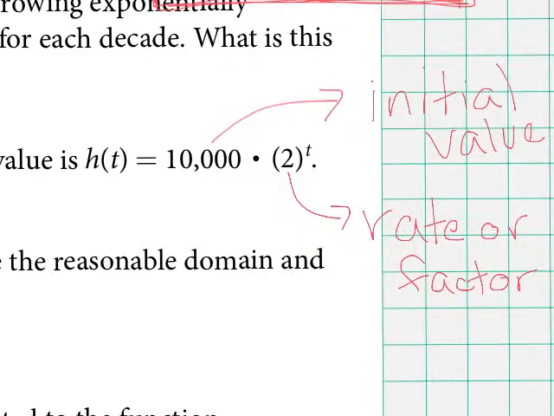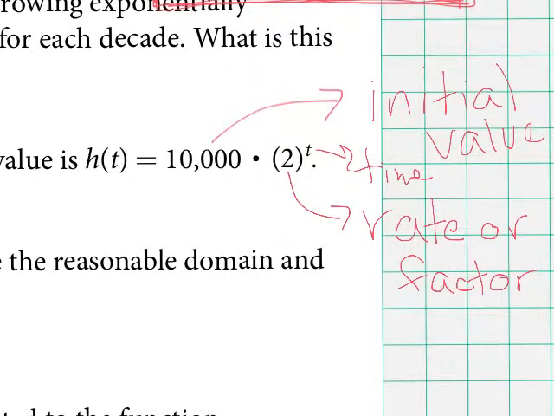If we're cutting stuff in half every term, the factor is 1/2. Next time when we get into interest rates, we will find that our interest rate becomes that same rate or factor that's in there. Okay, and we'll have some kind of initial investment, we'll have a rate, and we'll have a time. This t is always going to be your time.